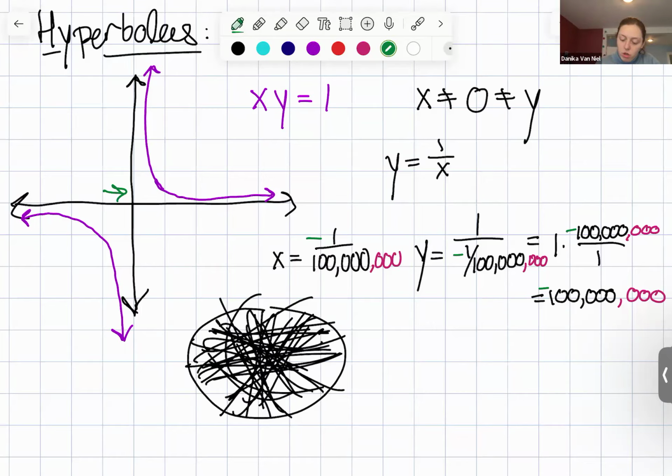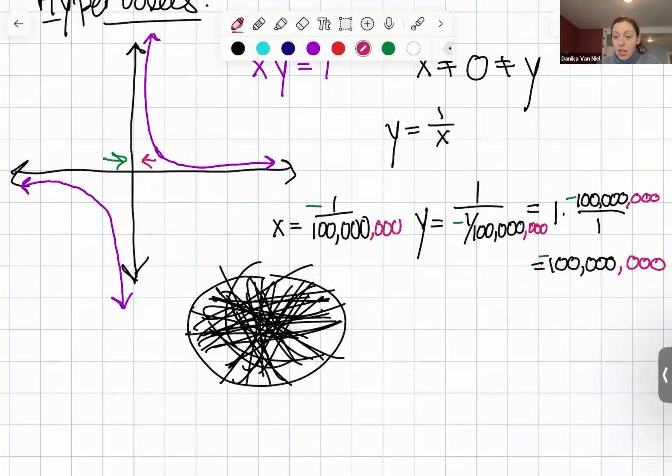As x gets closer and closer to zero from the positive direction, y shoots up to positive infinity. Okay? But as x blows up, as x gets closer and closer to infinity, y is getting smaller, smaller, smaller, right? Because my denominator is blowing up, so my whole thing's going to zero.